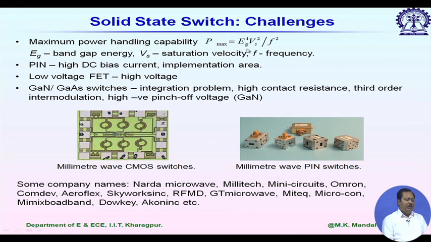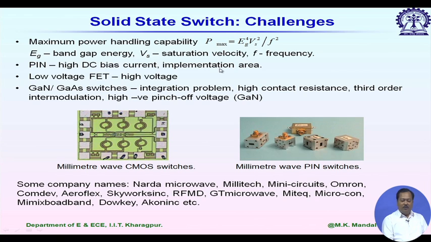V s is the saturation velocity. If the saturation velocity increases, in that case also we can increase power handling capability, and it decreases with increasing frequency. So, different materials will provide different maximum power handling capability.